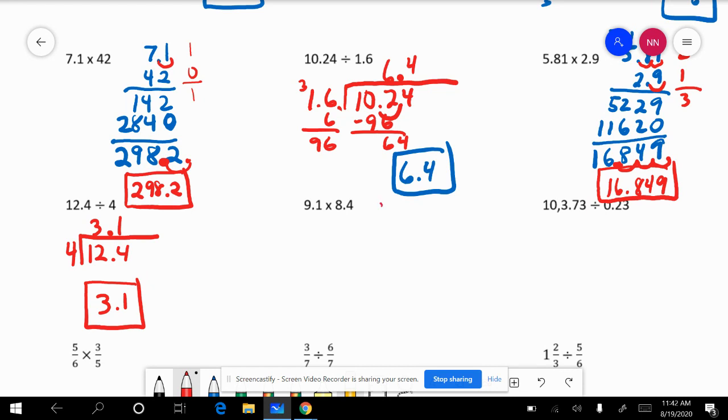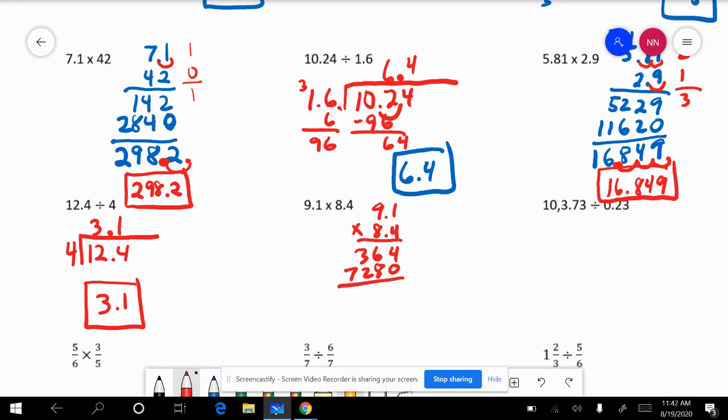For multiplying, I have 9.1 times 8.4. 4 times 1 is 4. 4 times 9 is 36. 8 times 1 is 8. 8 times 9 is 72.